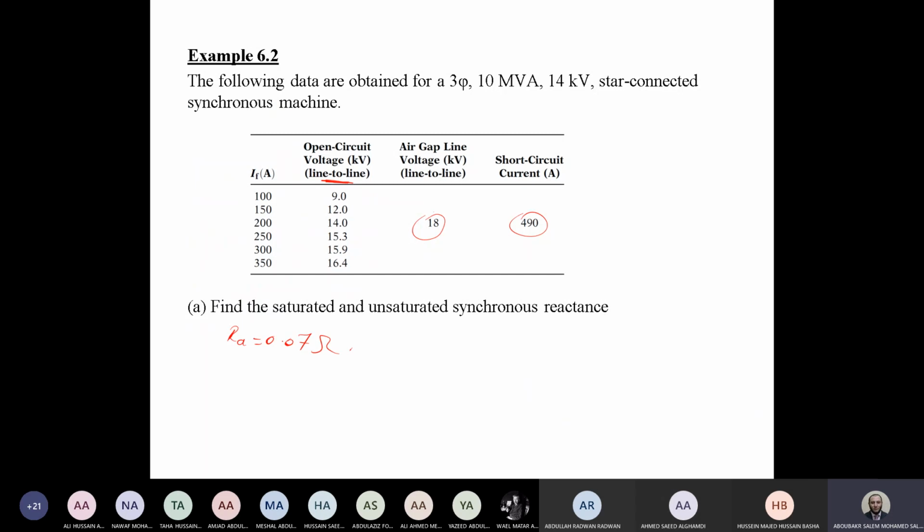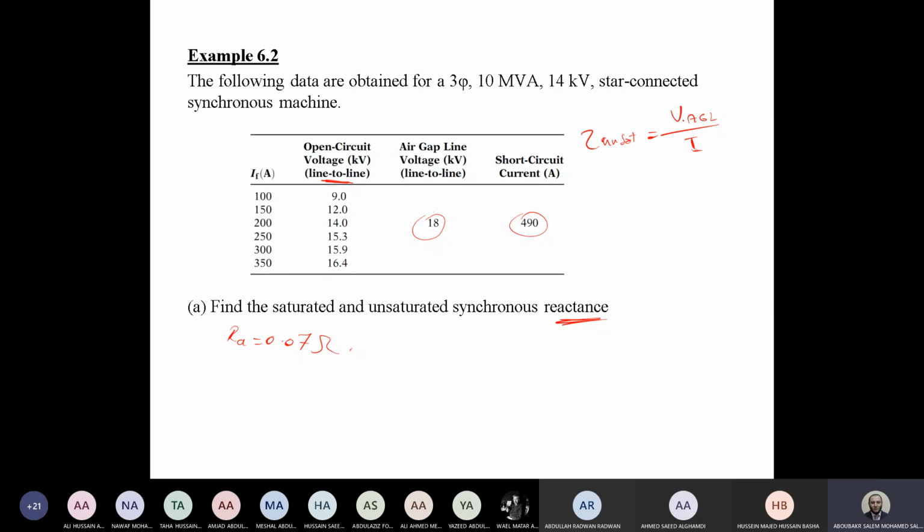If we need to calculate the values of synchronous reactance, we don't need to plot, because you simply know that Z unsaturated equals V of the air gap line over I, is it right? At the value of rated voltage.